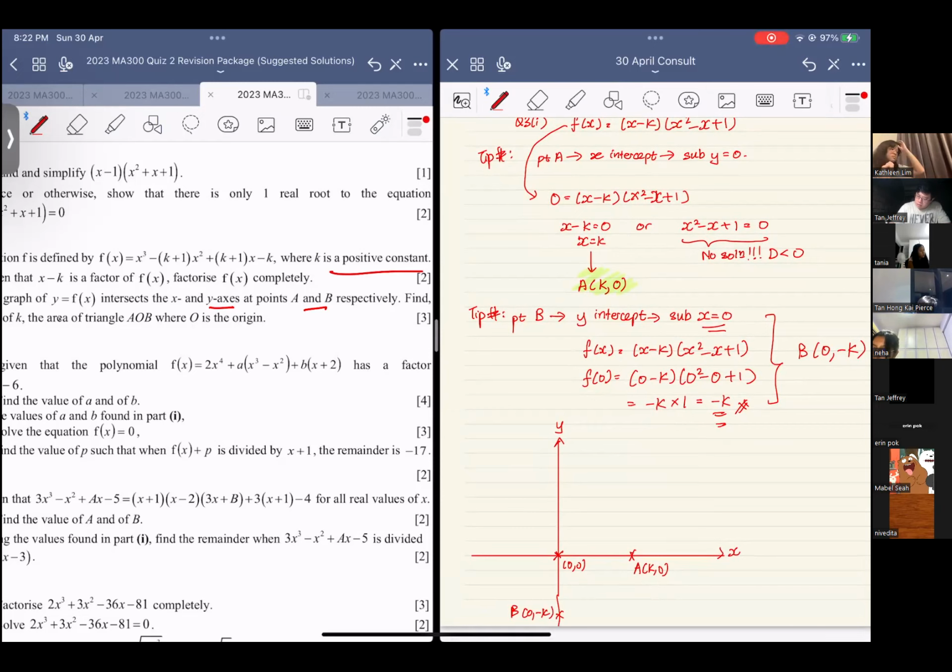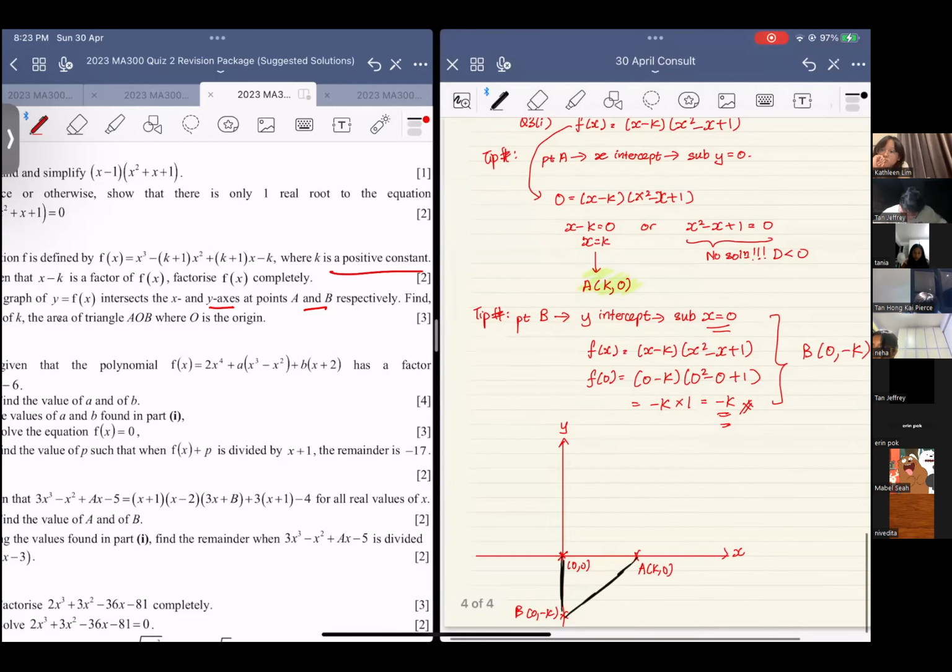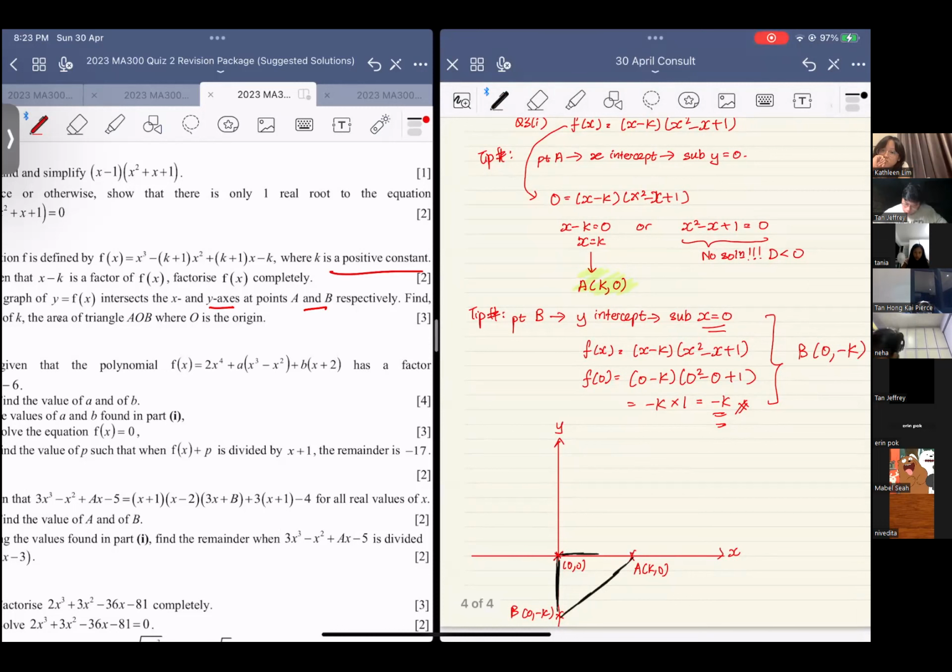So the triangle that we are looking at will look something like this. This is your triangle AOB. It's a right angle triangle, since one is the x-intercept and one is the y-intercept. So half times base times height.